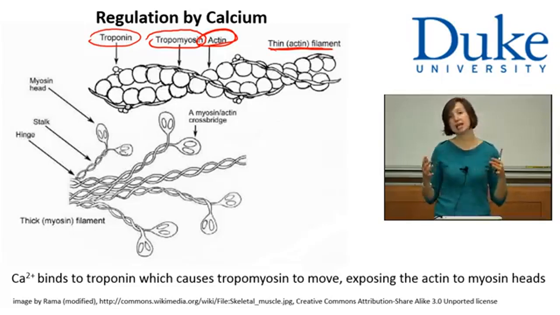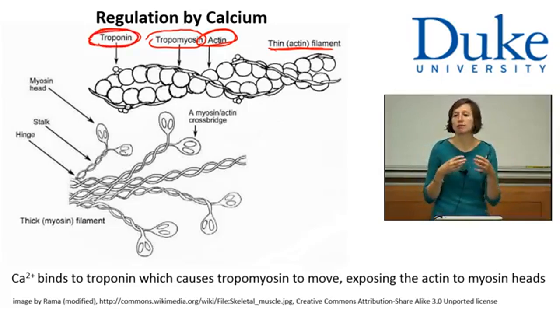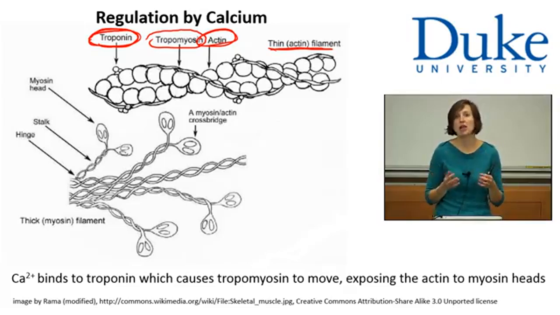With an increase in calcium, the calcium will bind to troponin, which is made up of several troponin molecules. The binding of calcium to troponin will cause a change in its conformation that causes tropomyosin to be removed from the myosin binding sites on actin.